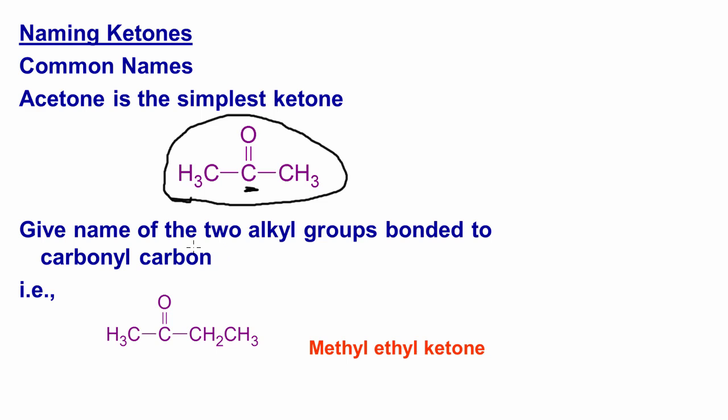So, for example, this one here would be called methyl ethyl ketone. Actually, the ethyl comes first, so this should be ethyl methyl ketone. This is the common naming: ethyl methyl ketone.